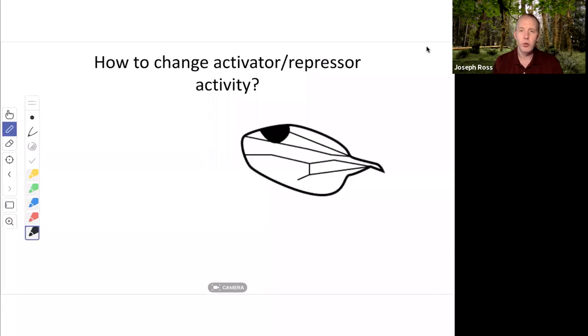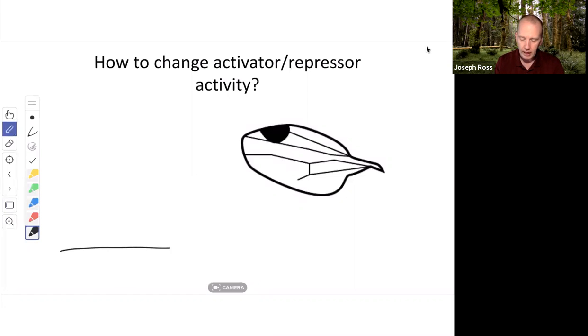So in conclusion, how are scientists likely to be able to figure out what enhancers, transcription factors, or promoter sequences are important in regulating the production of this specific pattern, this wing spot?